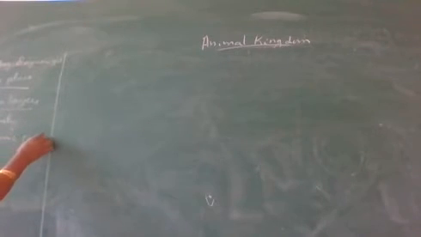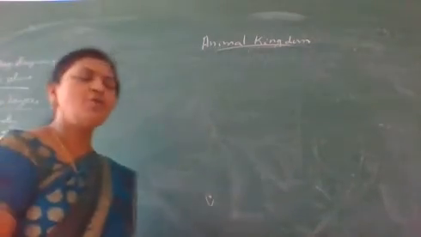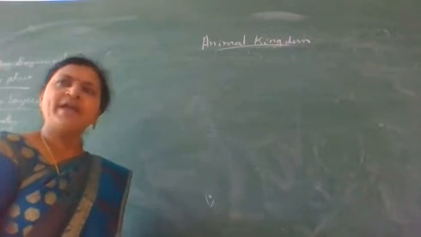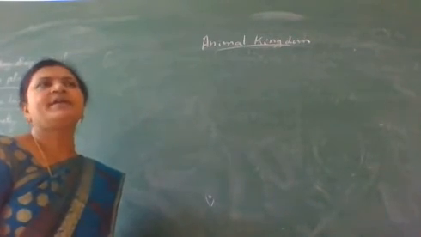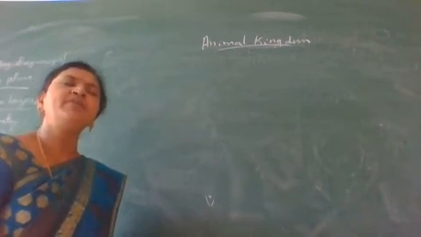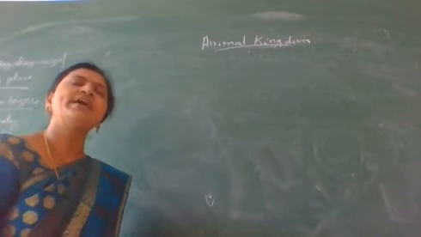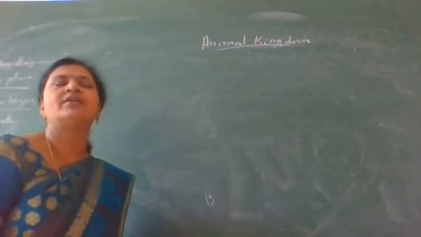Then, based on the coelomic cavity: what is the coelomic cavity? What is coelom? The coelomic cavity is the cavity present between the body wall and the alimentary canal.